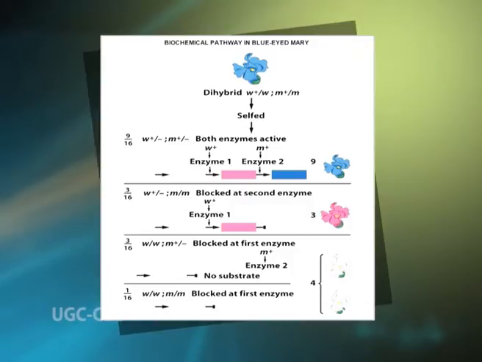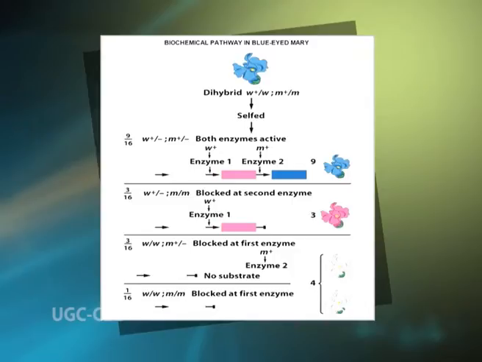When the blue flowered plants are selfed, the ratio produced is 9:3:3:1, of which 9 offspring are blue colored. This is because both enzymes are active in this case. The genotypic composition will have W plus and M plus. Therefore, both enzymes are produced over here, which will finally result in blue coloration of the flowers.